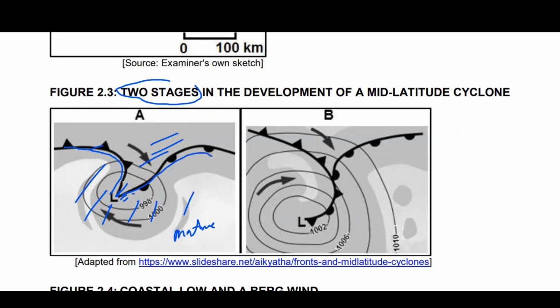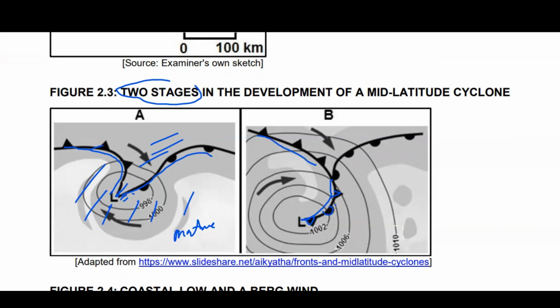That is obvious. When you come to this, you would see that, yes, there is a warm sector, a cold sector, but along this line here, there are 2 symbols existing. And what did I tell you? That if you have 2 symbols sitting on the same line, it clearly indicates that it's an occluded front. And this is occlusion stage.